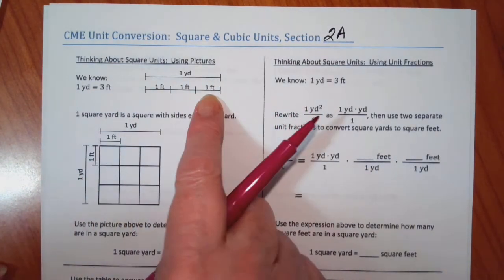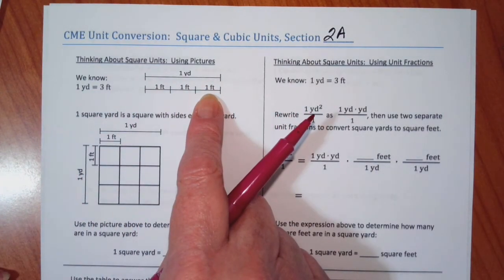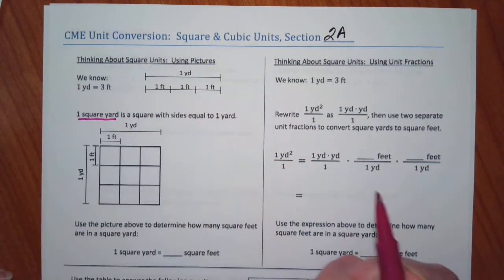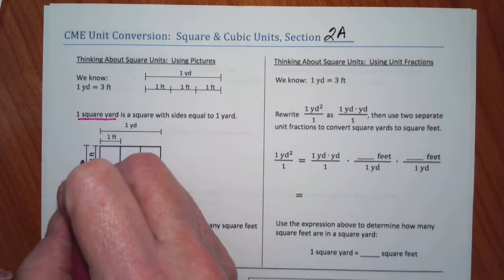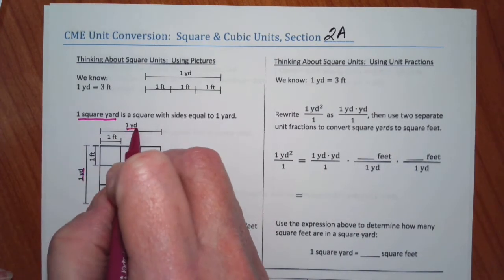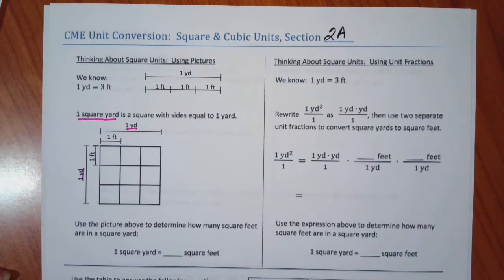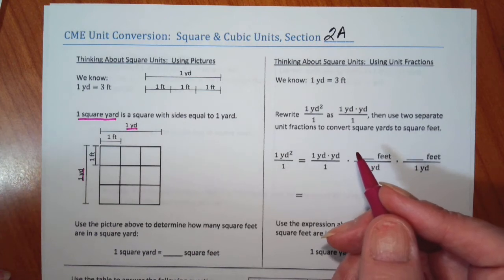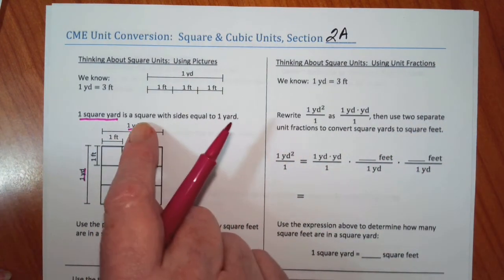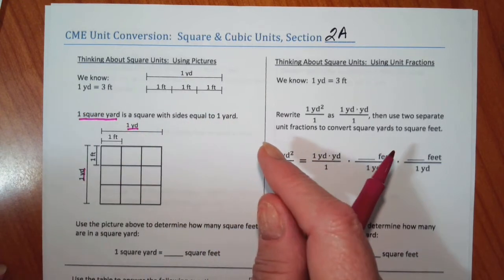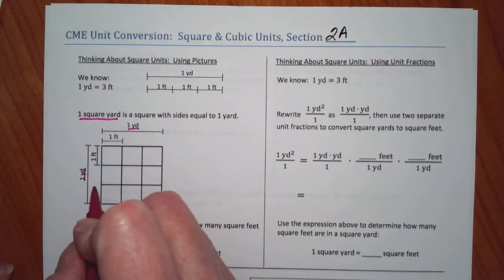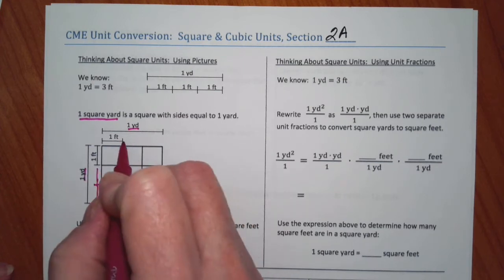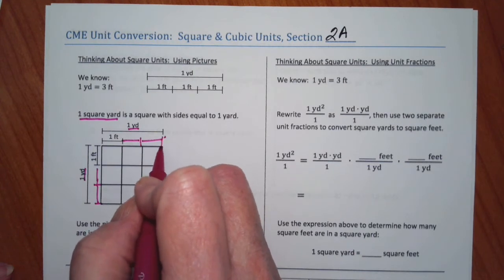Okay, we know that 1 yard is equal to 3 feet. So if we have 1 square yard, then that means 1 yard by 1 yard. But if I want to turn that into feet, then I know this is 1 foot, 1 foot, 1 foot, another foot, another foot.